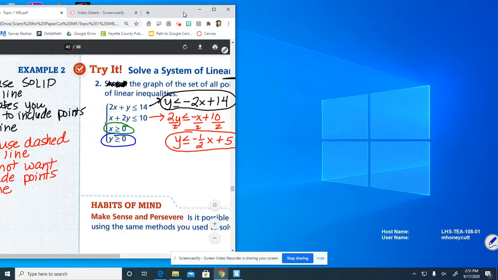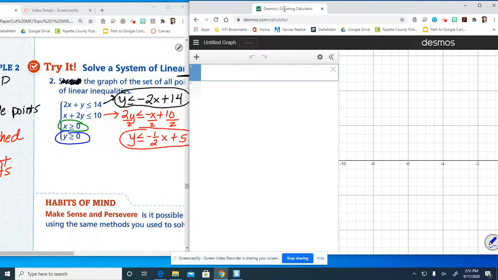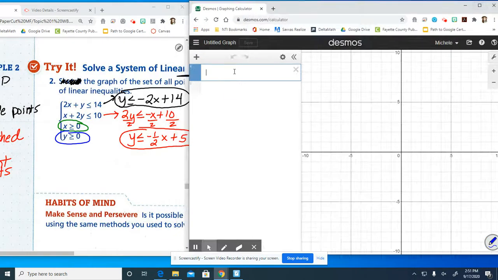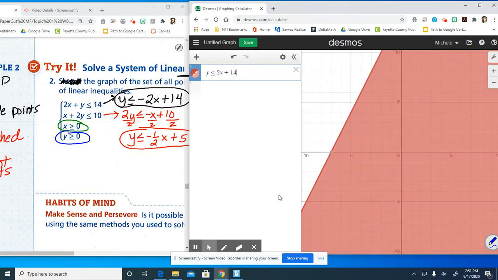Here's what we'll do. I'll just hide that part. I'm going to bring Desmos over here so you can see it. I don't want to minimize it. Okay, so I'm going to graph y is less than or equal to negative 2x plus 14. And notice they have used a solid line and shaded the region.